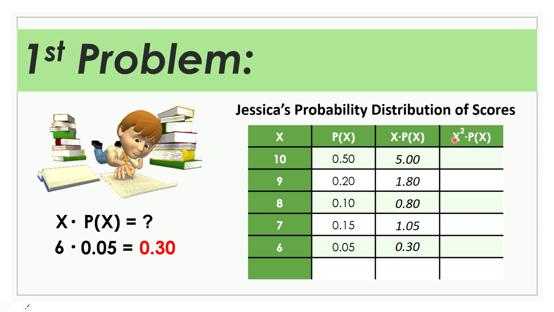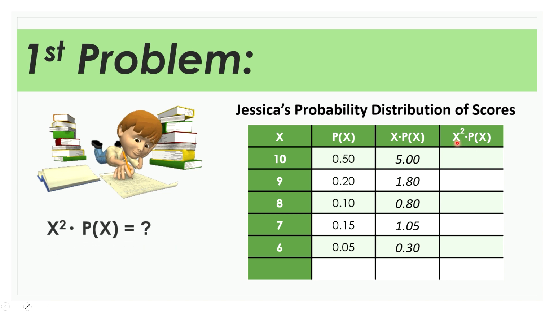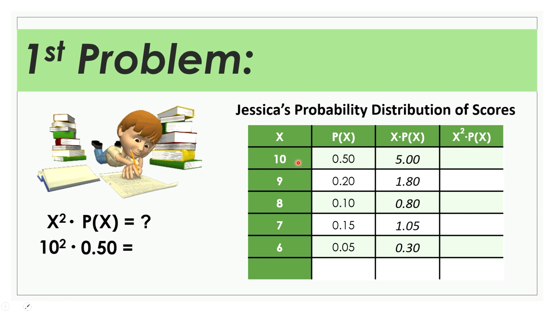Next, we will get the product of x squared and its corresponding probability. We will use this formula: x squared multiplied by p of x. So 10 squared multiplied by 0.50 is equal to 50. The next one, 9 squared multiplied by 0.20 is equal to 16.20.